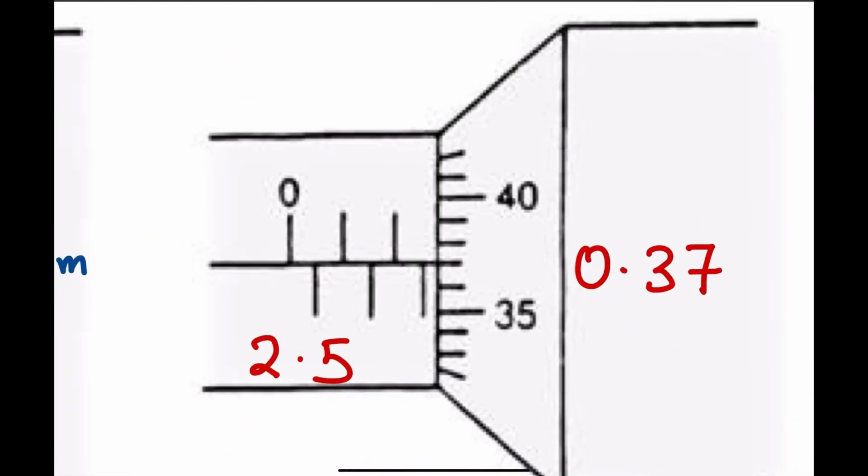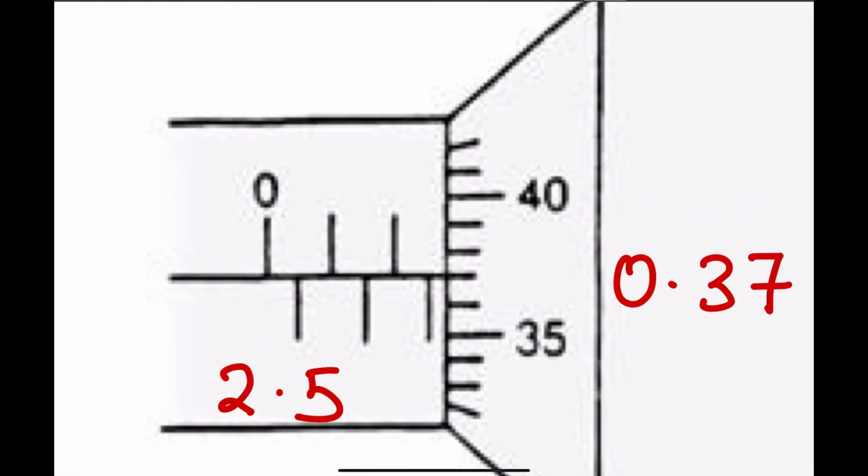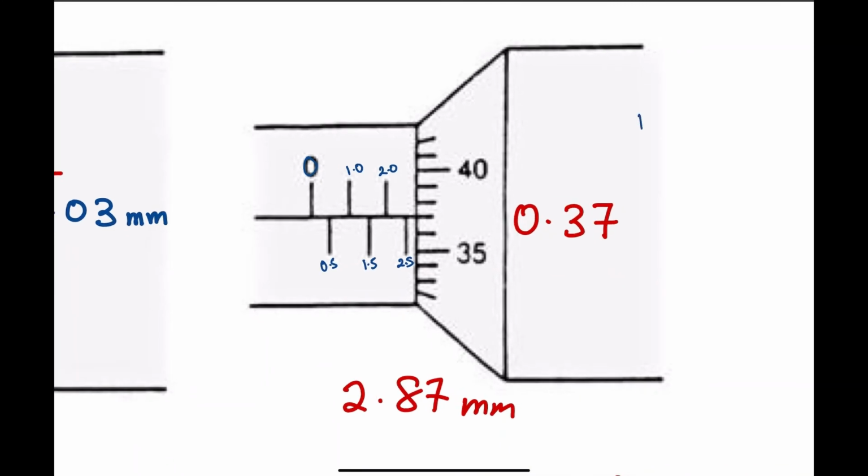Okay. Now to measure the actual reading here, I know that this value is 0, 0.5, 1.0, 1.5, 2.0, 2.5. Okay, main scale, main equal to 2.5 mm.